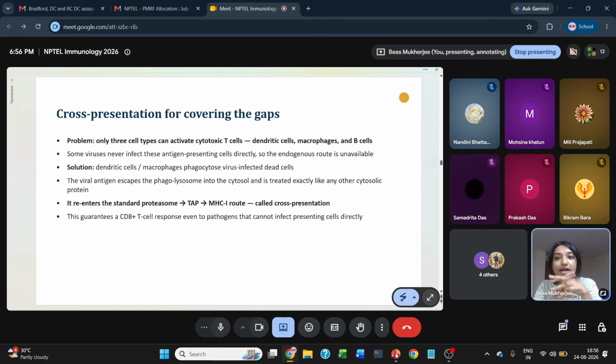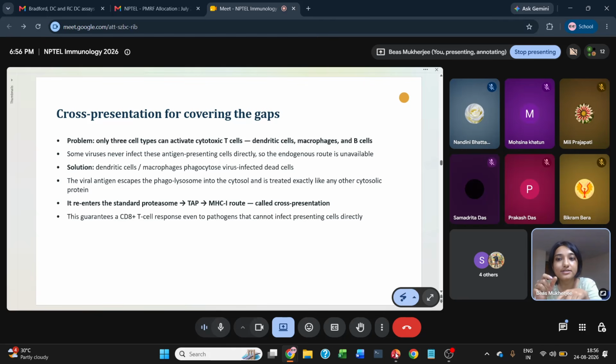The solution is that dendritic cells and macrophages phagocytose virus infected dead cells, and the viral antigen escapes the phagolysosome into the cytosol and is treated exactly like any other cytosolic protein.